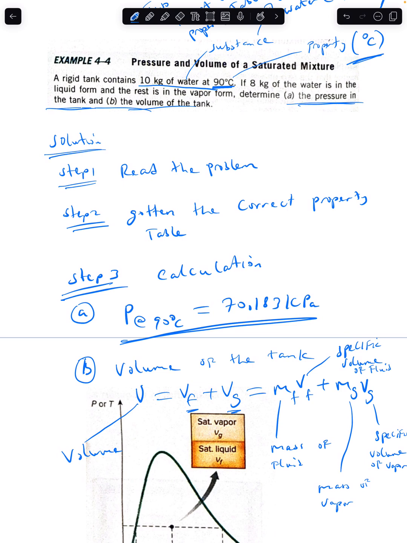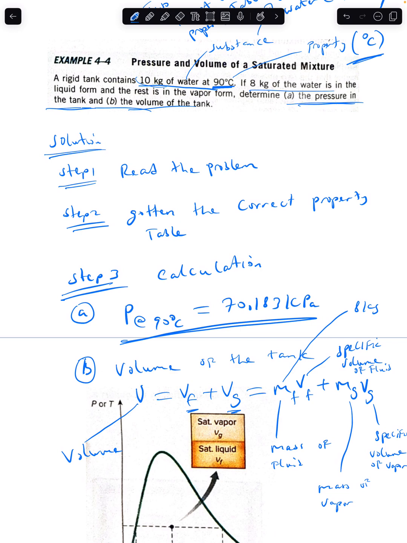And the next question we want to ask ourselves, what is the mass of fluid? You look at the question. The tank contains 10 kilograms of water. And we are told that 8 kilograms of water is liquid, therefore the mass of liquid is 8 kilograms. And therefore, look at the problem.